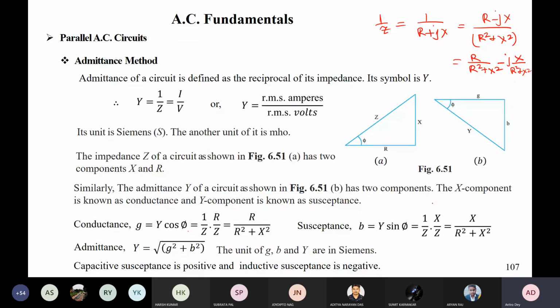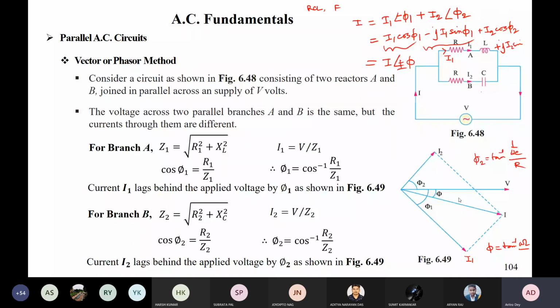And if you have a parallel path, then directly for this part you can write the admittance, say this is your Yb, and if this is your Ya, then you can write I equal to V into Ya plus Yb. So in terms of admittance, it will be additive in nature.